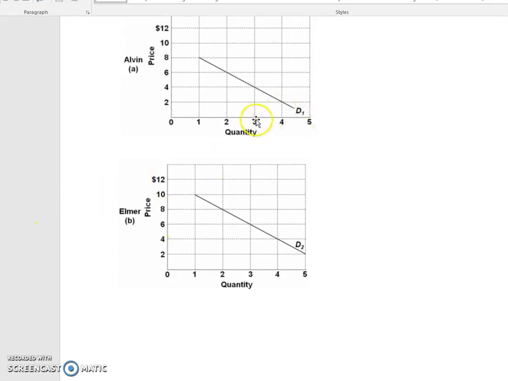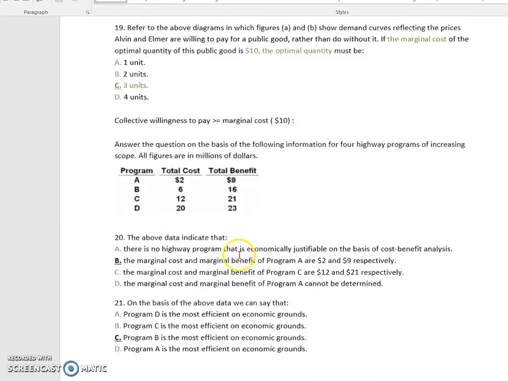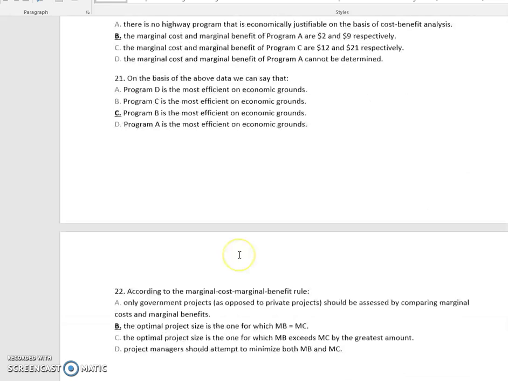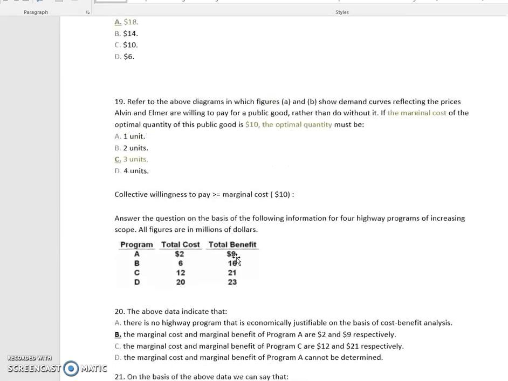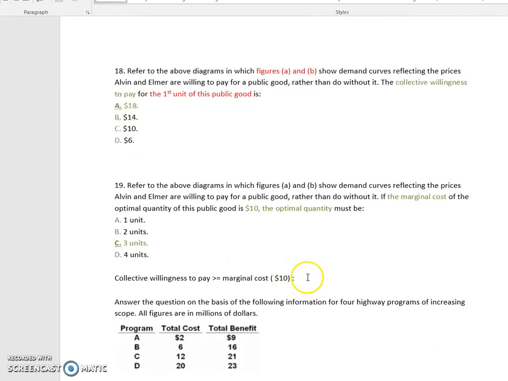Look at that. For 3 units, Alvin wants to pay 4 and Elmar wants to pay 6. So from the demand curves D1 and D2, we get the collective willingness to pay for 3 units, which is exactly equal to the marginal cost. So that satisfies our condition, and that will be the answer.